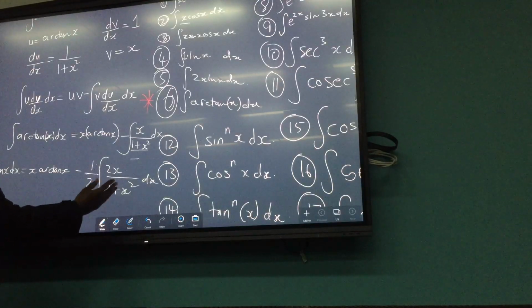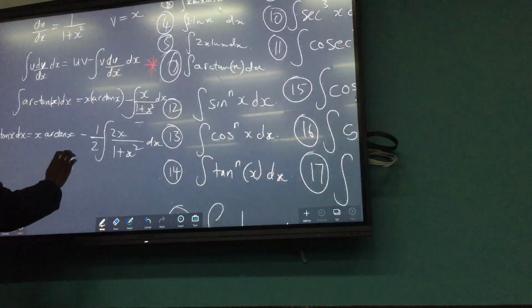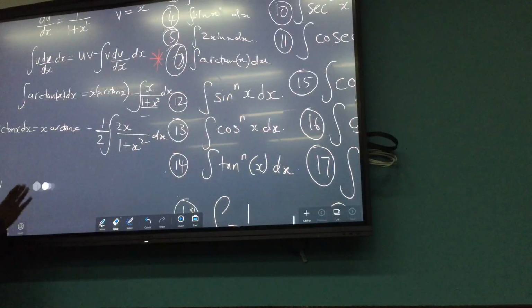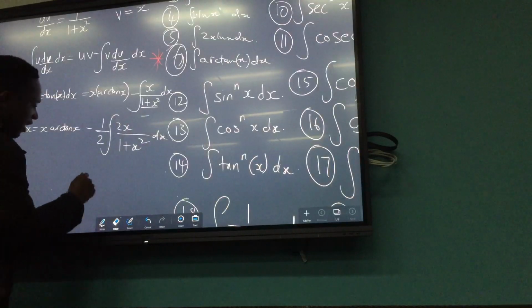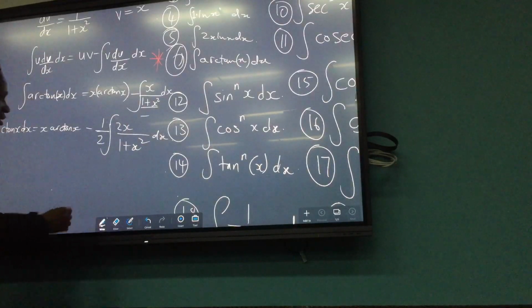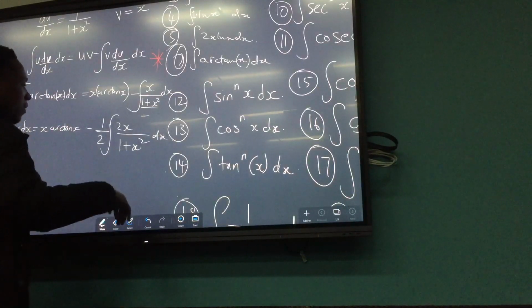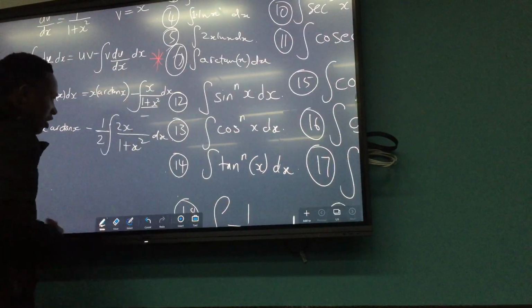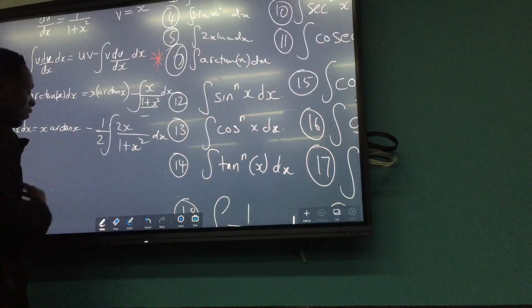Now if we derive that denominator, it gives us 2x, which is what we have on the numerator. So we are allowed to just say ln of the denominator. When you see by recognition that the derivative of the denominator is equal to the numerator, you say your integral is ln of the denominator.